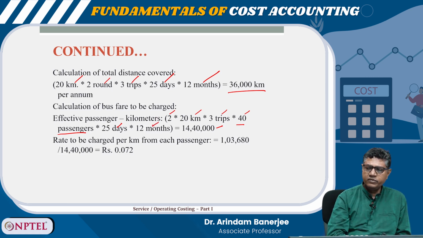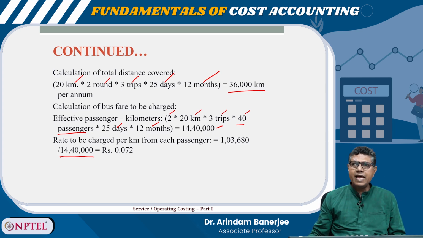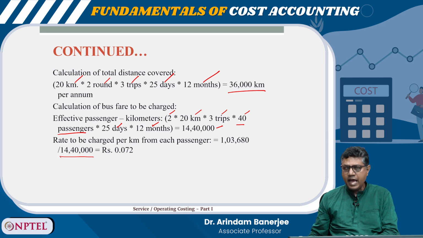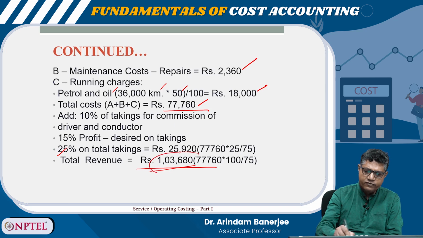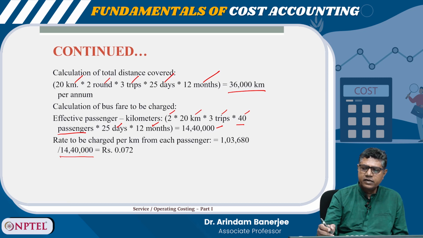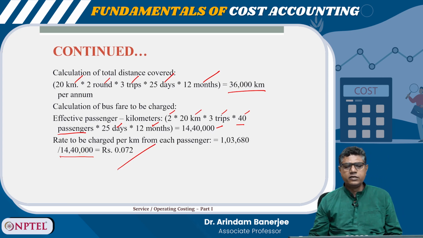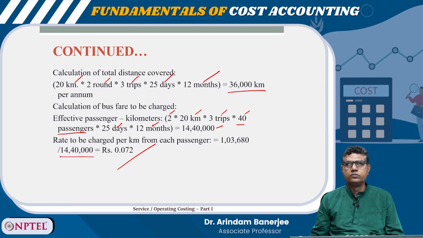That means the total passenger kilometer is 14 lakh 40,000, and the revenue it is getting is 1,03,680. So, if I divide it, I am getting the rate to be charged per kilometer from each passenger as 0.072.